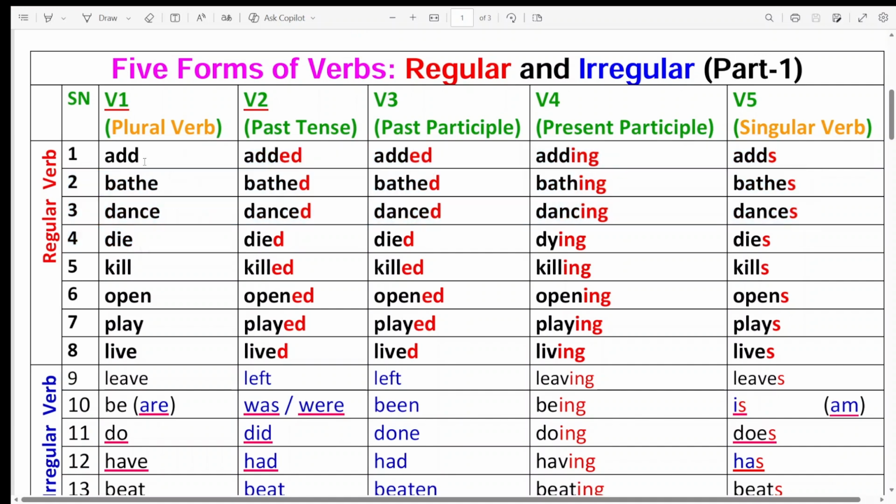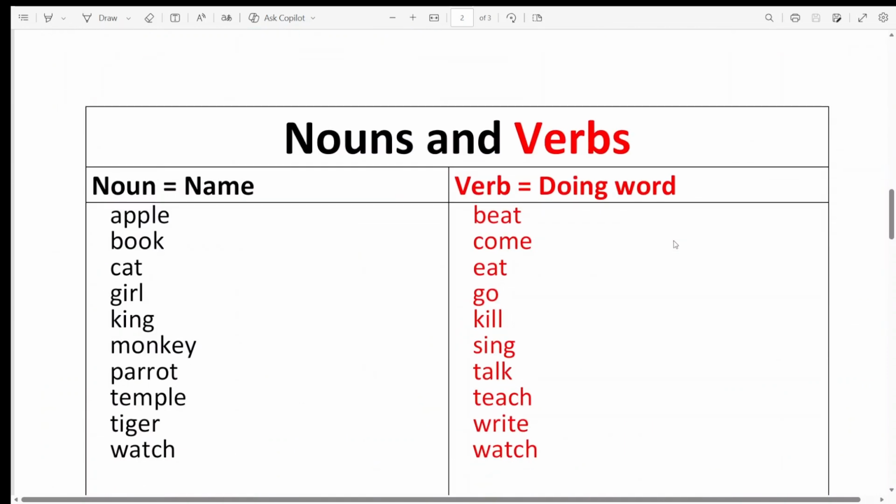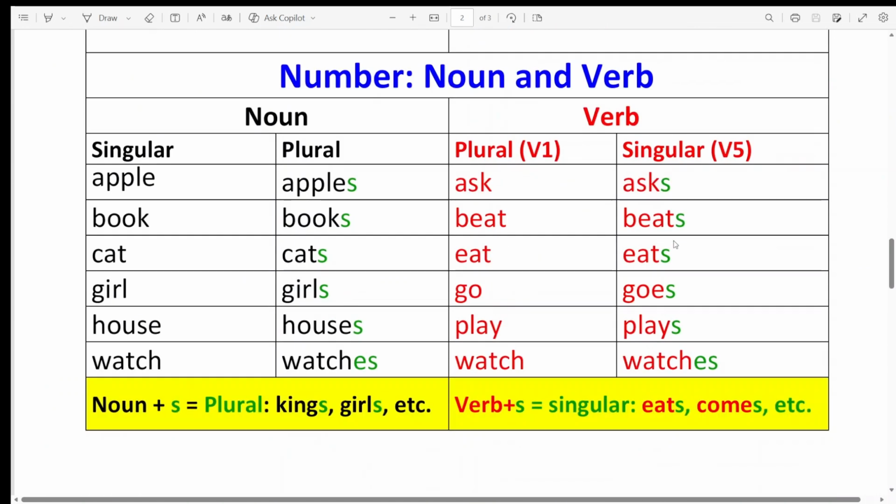Here, all the words in the V1 group are in plural form because they are verbs. And here in V5, all the words in this column are singular. So to understand this well, we have to talk about our supporting topic here, number of noun and verb.